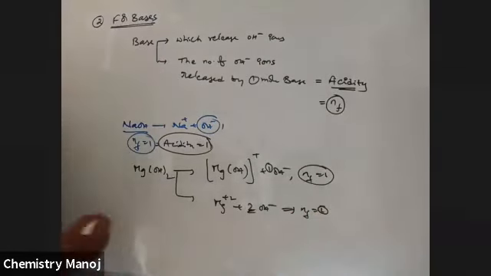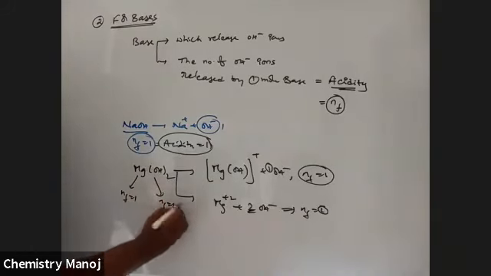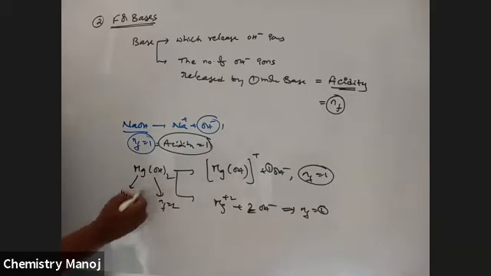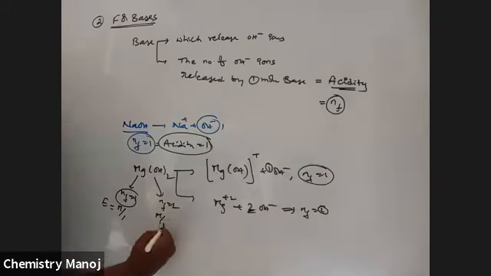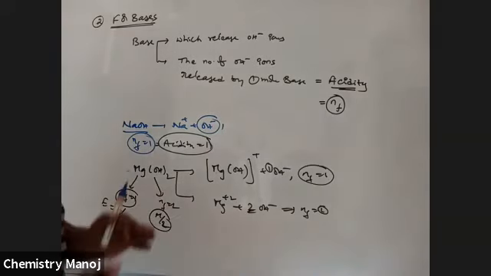So n factor may be 1 or 2. Therefore, equivalent weight is equal to molecular mass by 1 or molecular mass by 2. So simply, equivalent weight is equal to molecular mass by n factor.